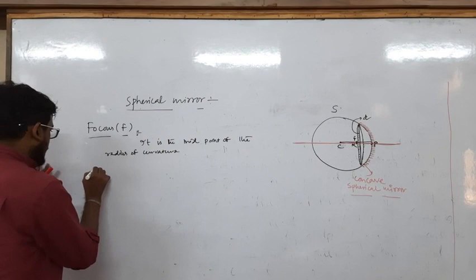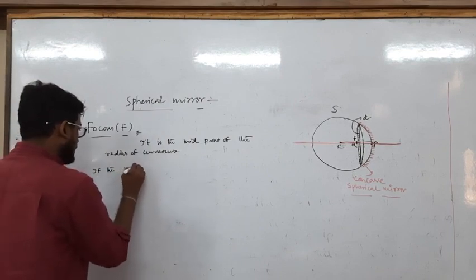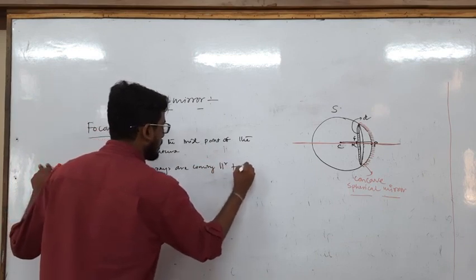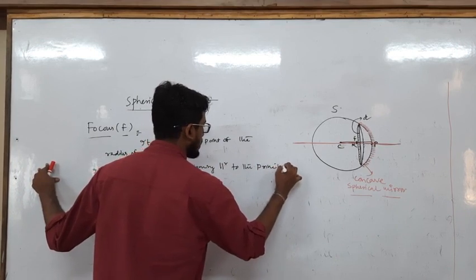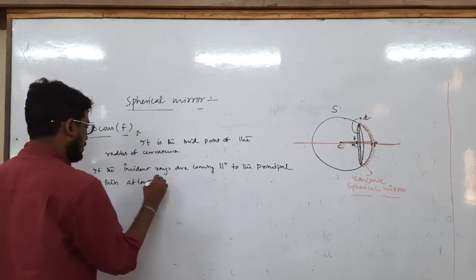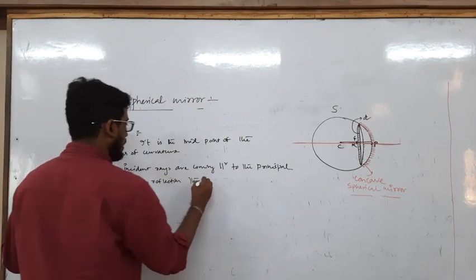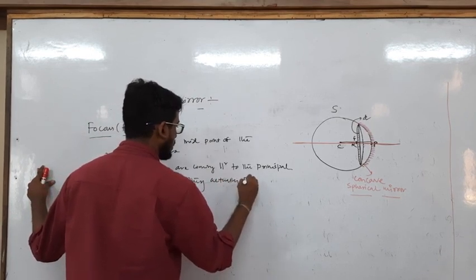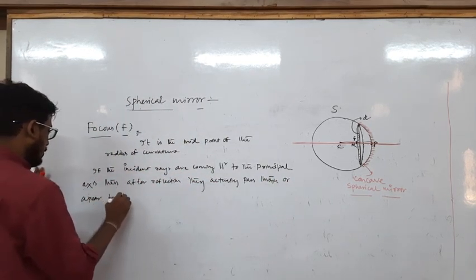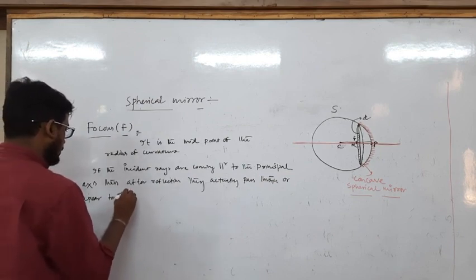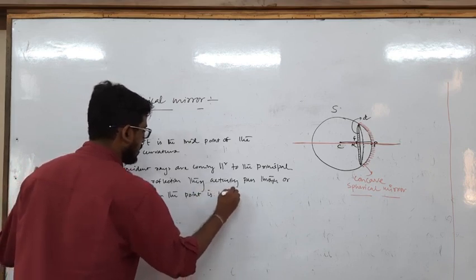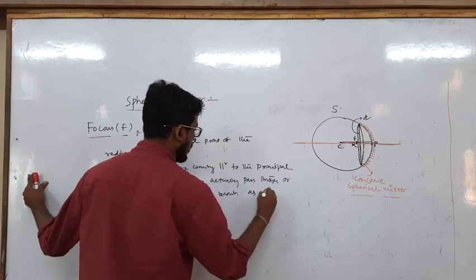Or you can say if the incident rays are coming parallel to the principal axis, then after reflection they actually pass through or appear to diverge from the point, that point is known as focus.